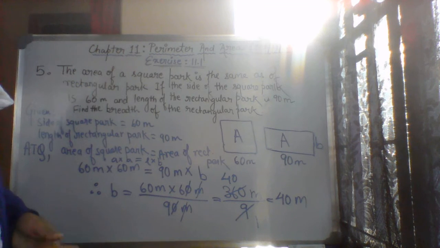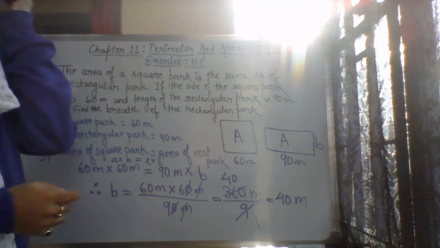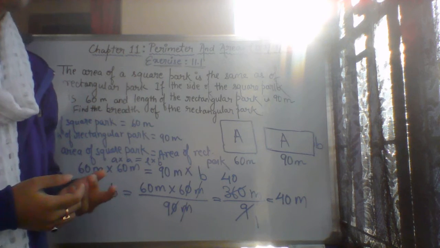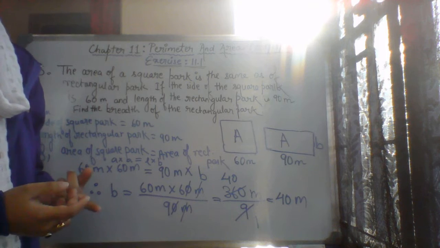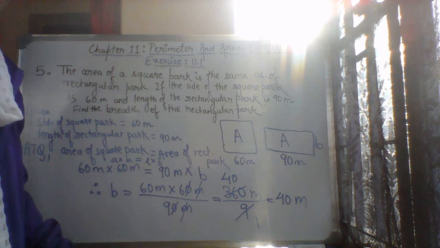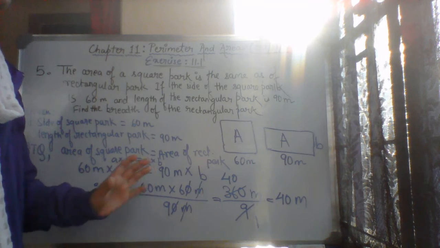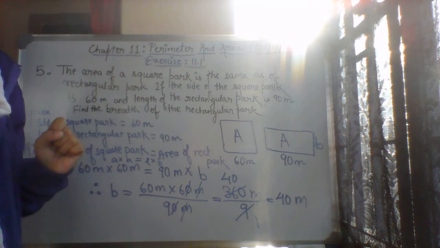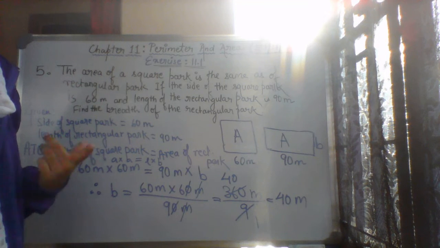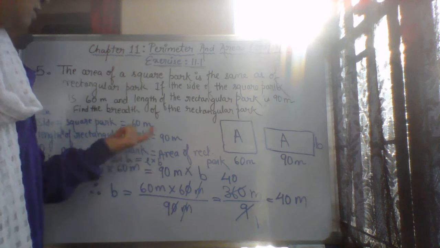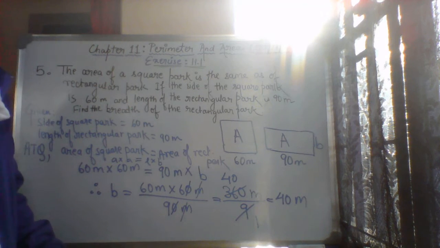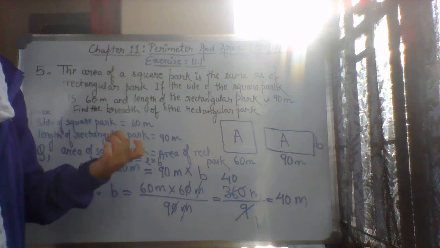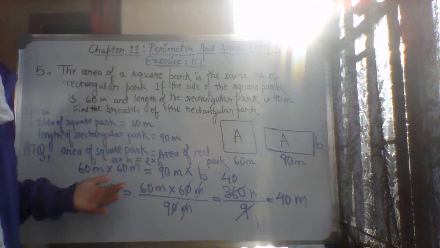Okay, so we have done different types of questions today. When the length and breadth of a rectangle, or the side of a square, are given, we can easily find the perimeter and area. When the perimeter and length are given, we can easily find the breadth. When the area is given, we can easily find the side. And when two things become equal, one of a square and one of a rectangle, and one term is missing, either length or breadth, we can easily find it.